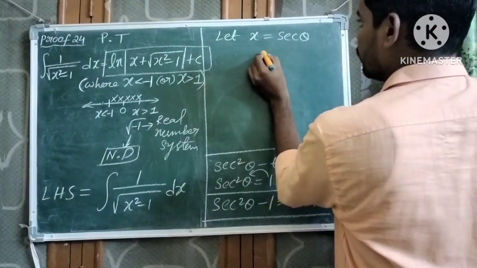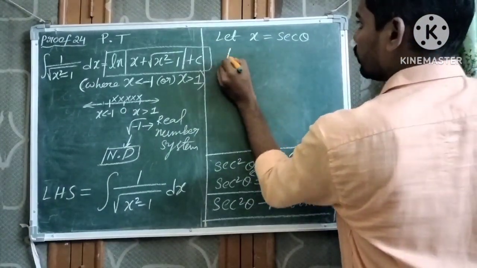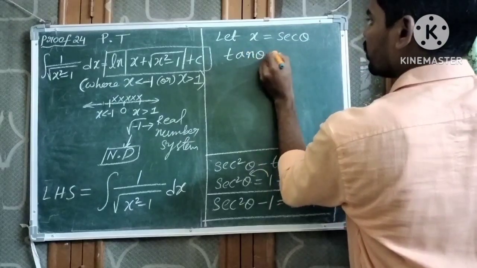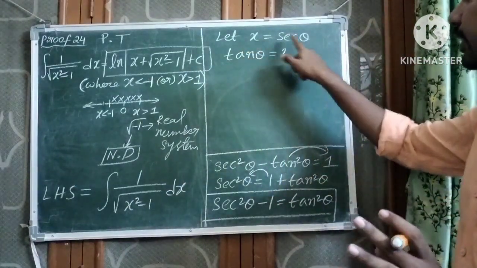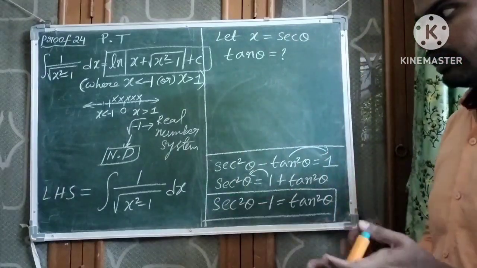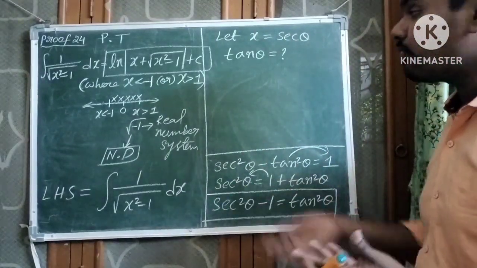So in place of x, I have taken secant theta. Now, what is the value of tan theta?